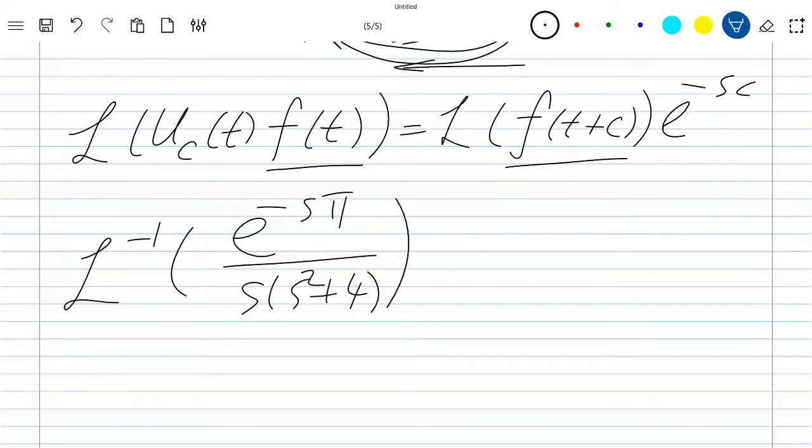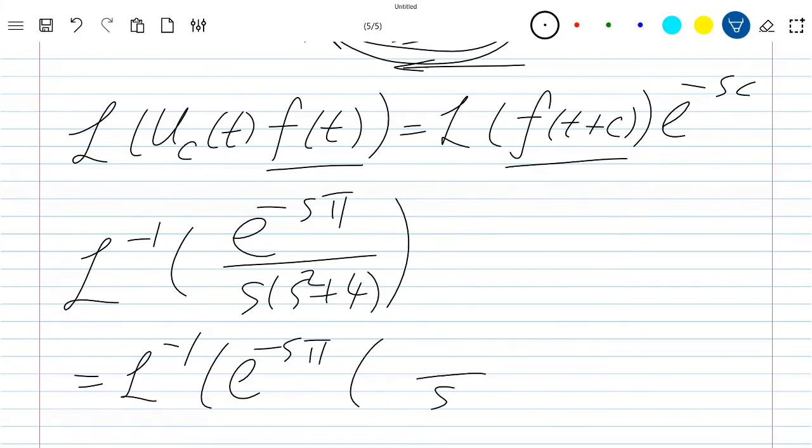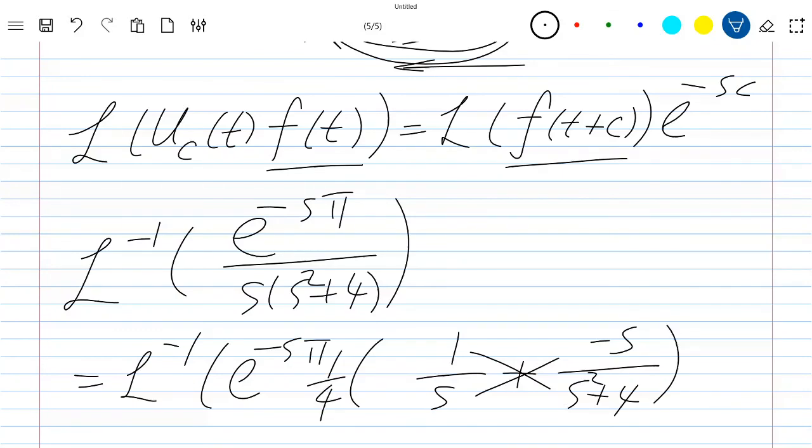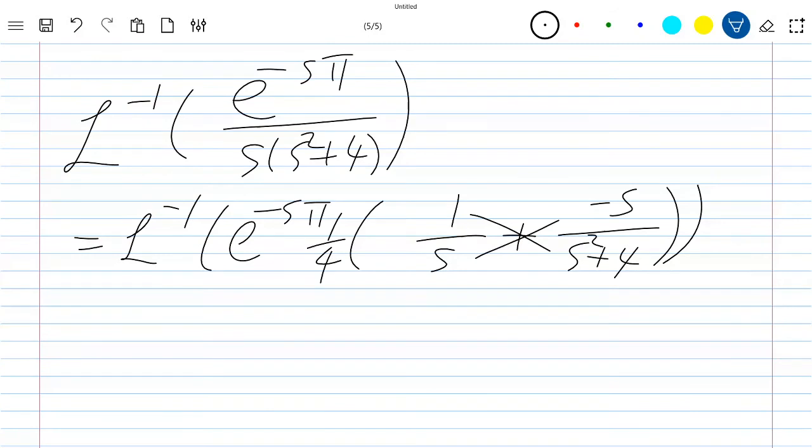How do we do that? You have to do the partial fraction as usual. You have s squared plus 4, and if you put 1 here and negative s here, you will see you have s squared plus 4 minus s squared, which gives you 4, then you just divide by 4, right? So how do you do that?